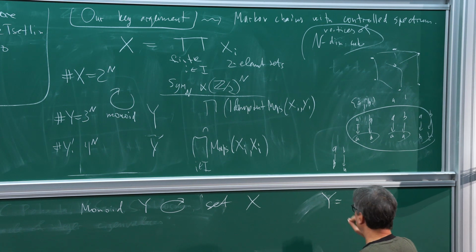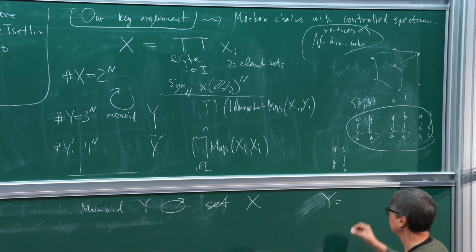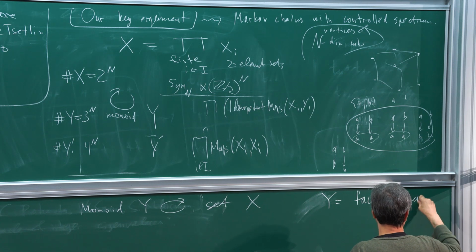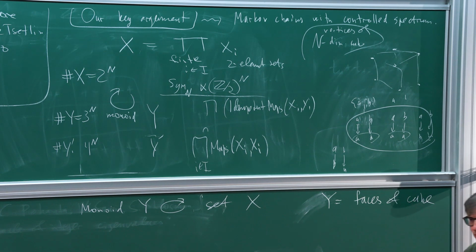Y can be identified with faces of the n-dimensional cube. In each coordinate, you say you're on the left, on the right, or everywhere. Y is the faces of the cube.